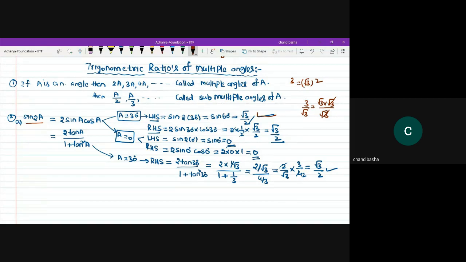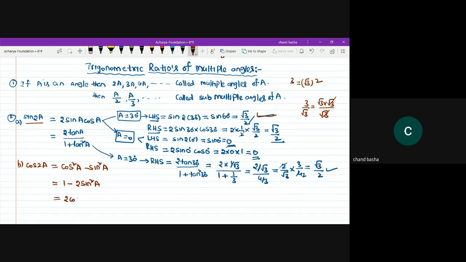Similarly, I can write cos 2A, same as the sine function, as cos square A minus sine square A. Even we proved sine function, guys, and I can write it as 1 minus 2 sine square A. It is also the same. And tomorrow's class, I'll try to prove it.